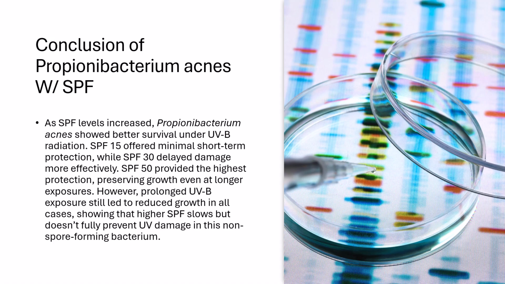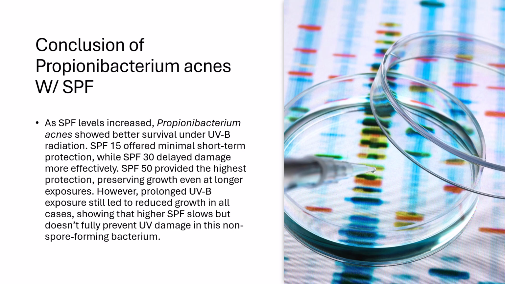So after completing all of the experiments for Propionibacterium acne with SPF, we came to the conclusion that as SPF levels increased, P. acne showed a better survival rate under UVB radiation. SPF 15 offered minimal short-term protection, while SPF 30 delayed damage more effectively, and then SPF 50 provided the highest protection.